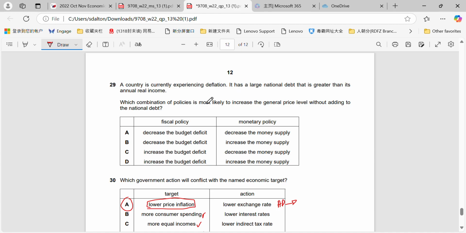Our country is currently experiencing deflation, has a large national debt that is greater than its annual real income. Which combination of policies is most likely to increase the general price level without adding to national debt? Okay, so first of all, without adding to national debt, we will have to decrease the budget deficit.